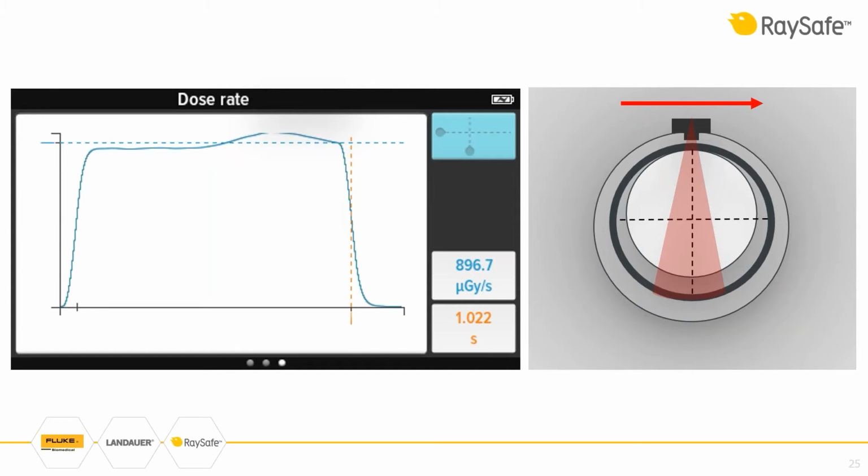Another way, which we will go through in a few minutes, is to use our RaySafe View software, where you can have even larger and more detailed curve forms or waveforms. But we will come back to that in a few minutes.